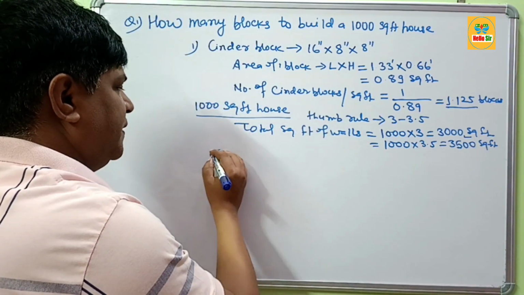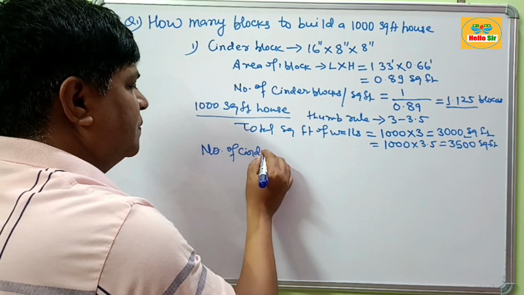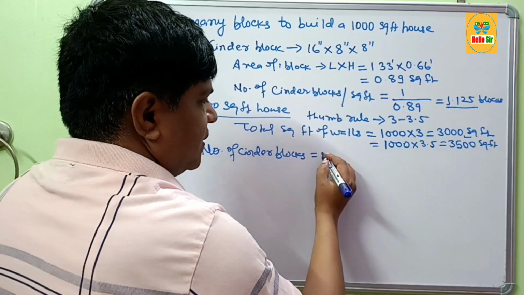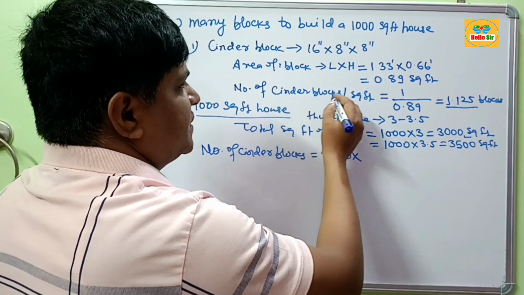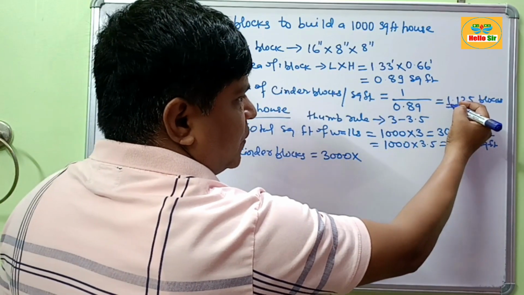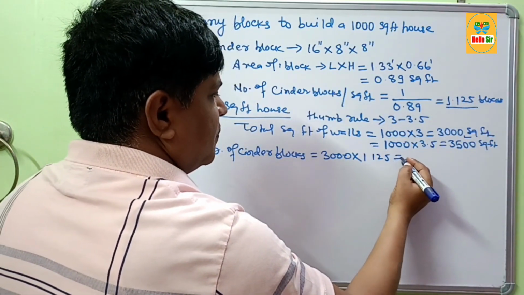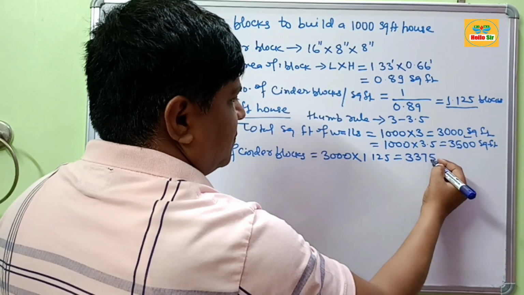Now we calculate the number of cinder blocks. If you take 3000 and multiply with this, how many cinder blocks per square foot? You have 1.125. This will come to about 3375 blocks.